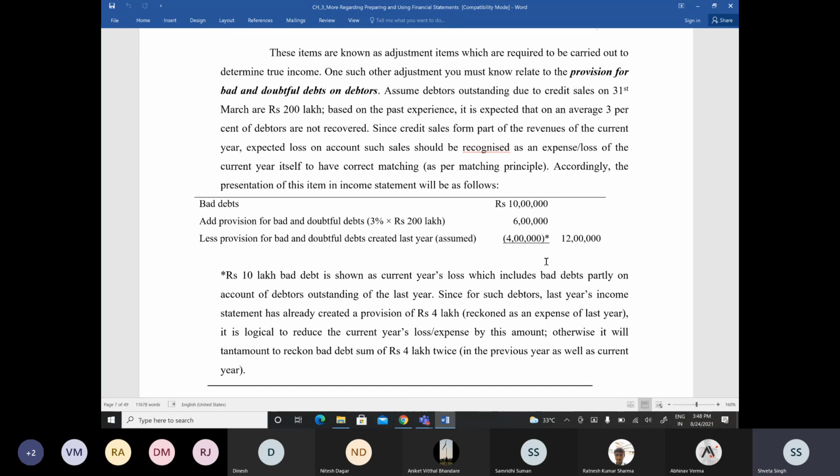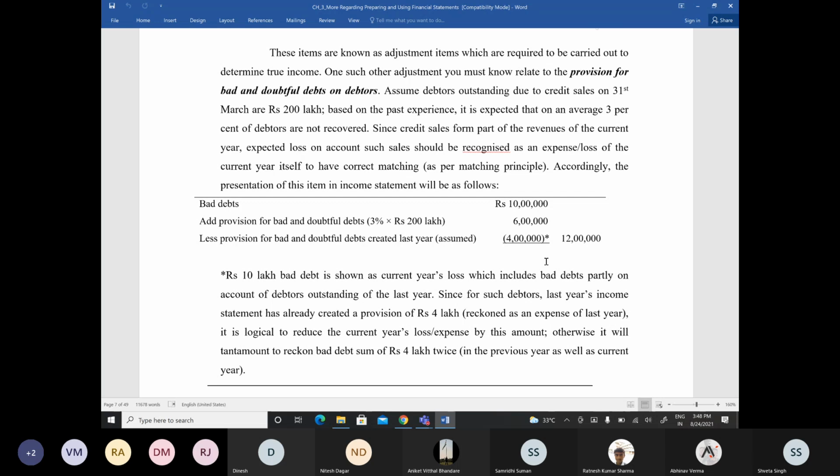Typically it is seen that around 2 to 5% of your customers to whom you have sold on credit don't pay back. What the company does is it looks at its past history, sees how much of credit sales we had made and how many people did not pay up, and based on that it then creates provisions. These provisions are audited by the auditor and they also agree, yeah, I think you have calculated it well, so you can show it as a provision for bad and doubtful debts. So this is treated as a loss.